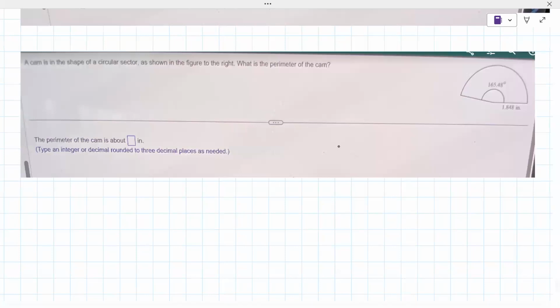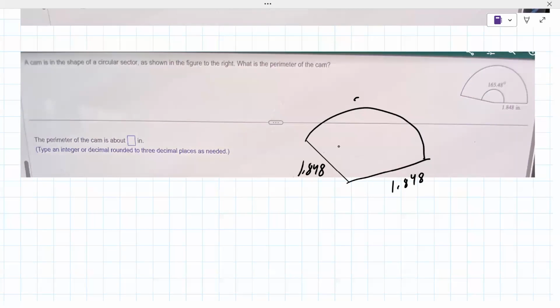If we just draw this a little differently, 1.848 is the radius, and this is S equals R theta. The thing is that this is in radians, which is a little bit confusing.